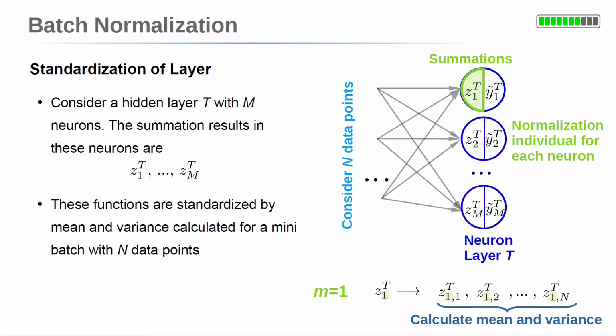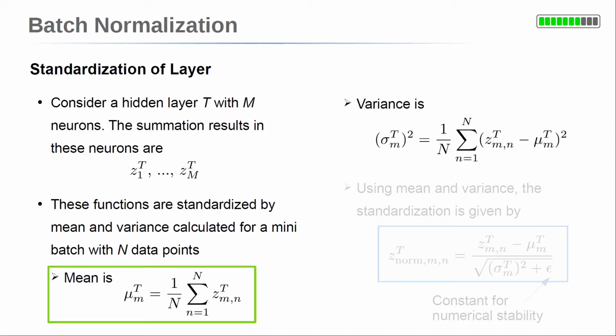Then, the mean and the variance for each summation variable Z is calculated for the capital N values at this point. The mean for the mth neuron, μm, superscribed by the layer number capital T, is equal to 1 over capital N, the number of data points in the mini-batch, times the sum over all of these data points of the summation value for the nth data point at the mth neuron, Zmn.